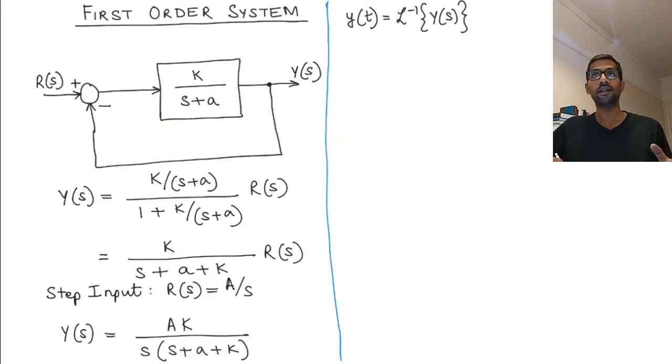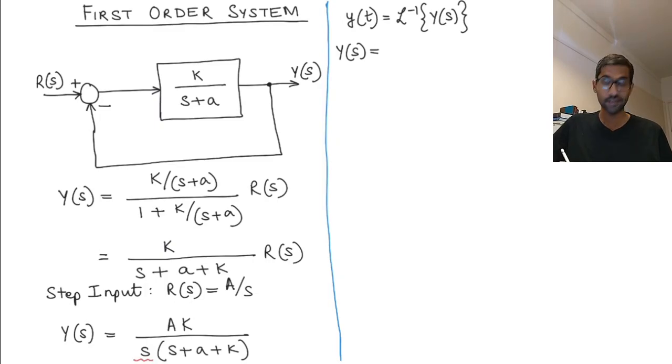From your Laplace transform equations, you would remember that the way you take an inverse Laplace transform is by first dividing the equation into partial fractions. So I want to write Y(s) in the form of, if you take a look at the denominator here, there are two distinct parts to the denominator of Y(s).